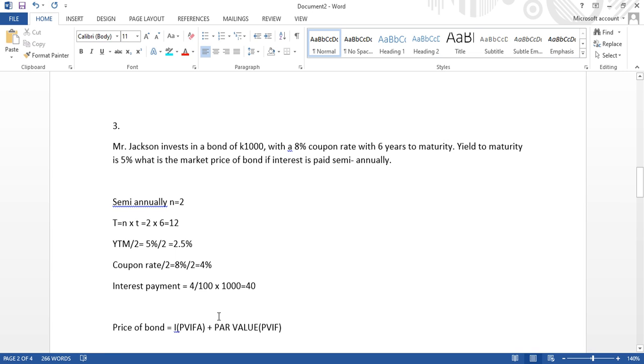So on our tables, first we're going to look for our annuity factor, then our present value factor. Our interest payment is 40.